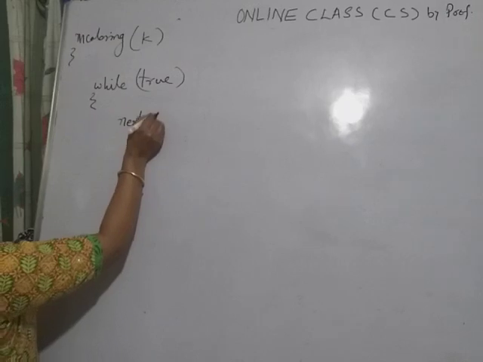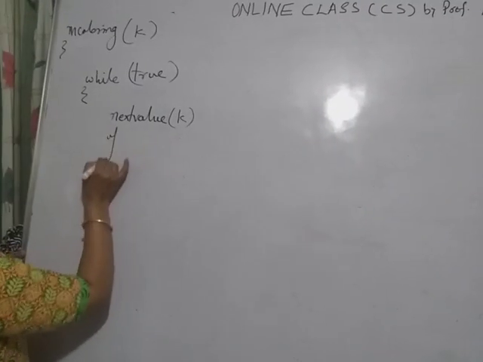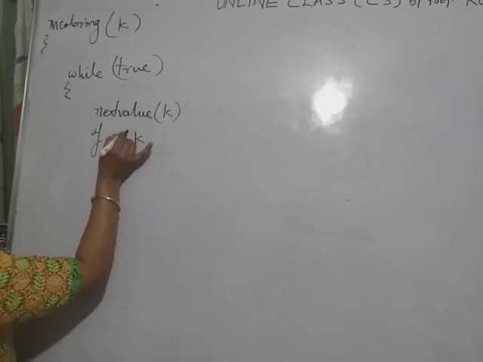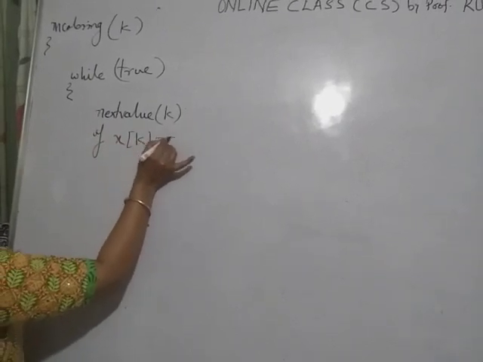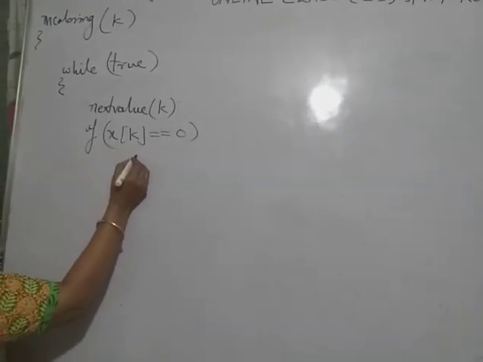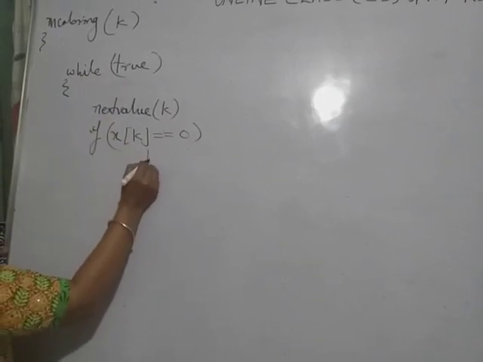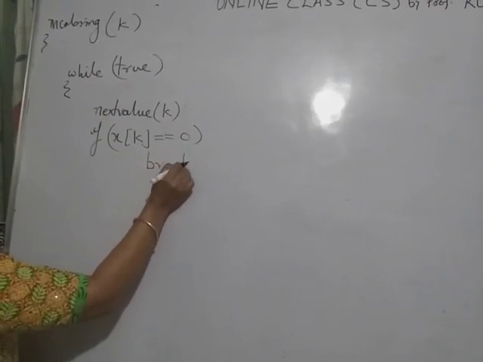If this function returns 0, like xk equal to 0, it means no new color is possible, and it will come out from this outer while loop. So here I am writing break.